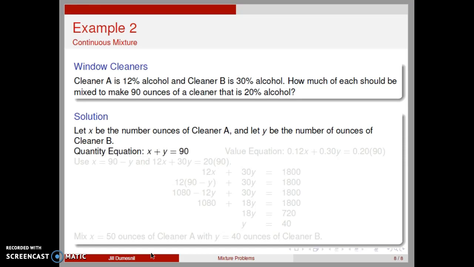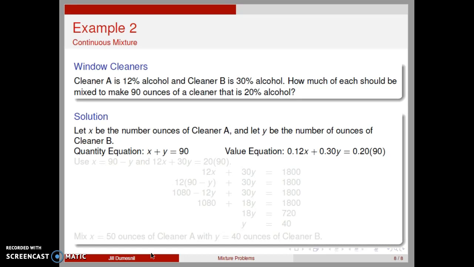The quantity equation is X plus Y equals 90. The item of value or concern in this problem is the alcohol content. So the value equation is 12% of X plus 30% of Y equals 20% of 90.